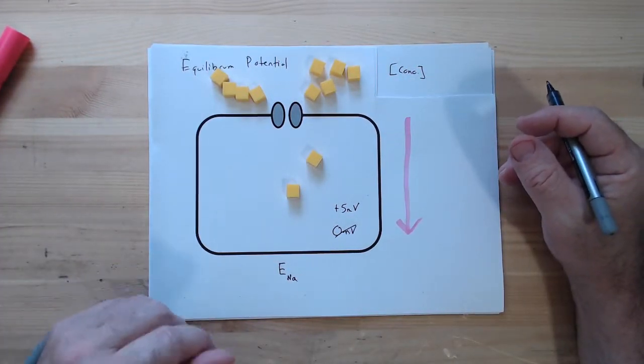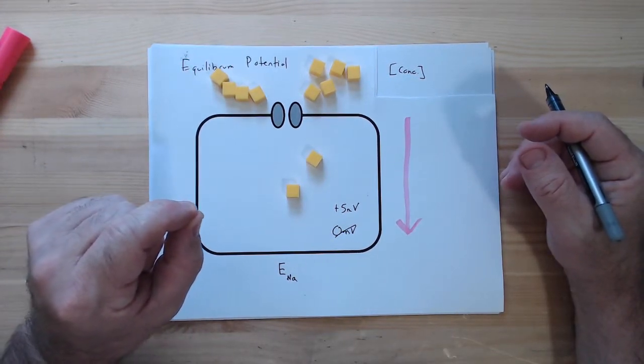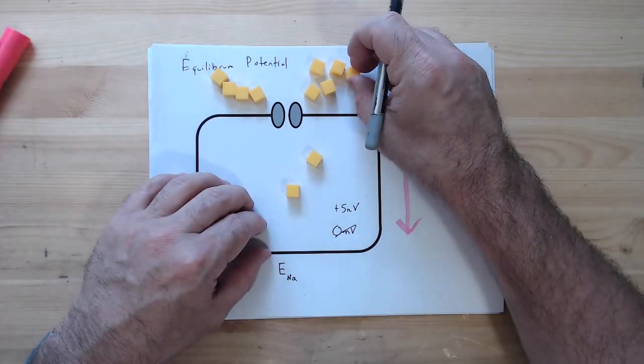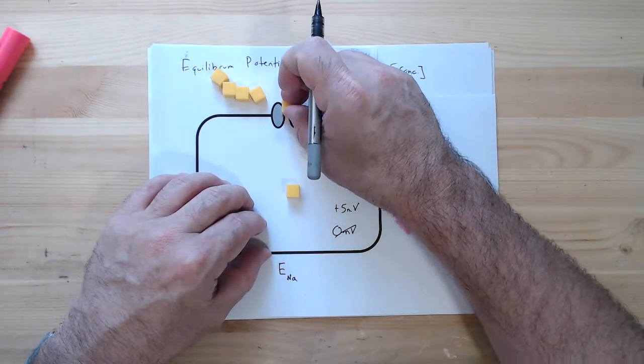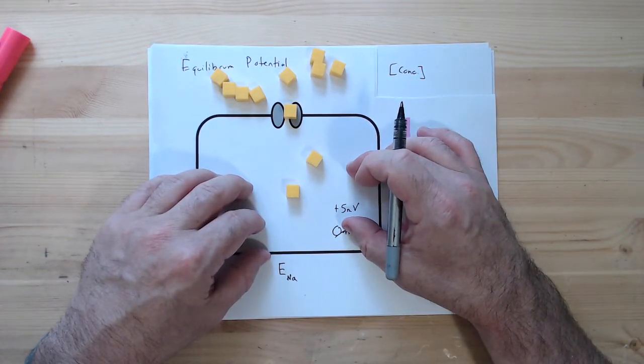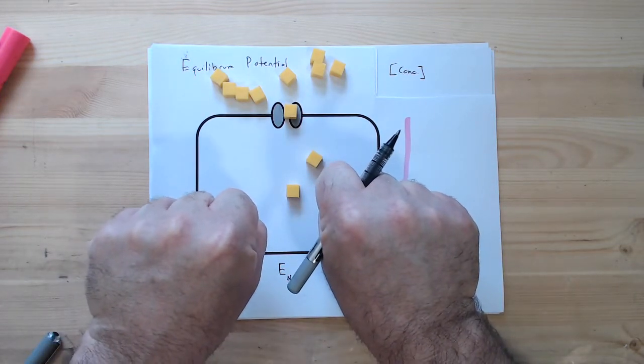Now, as we do that, we're going to have a little bit of a situation occur. And that is, as we move in positive charge, we now have a situation where the next ion that wants to move in has a positive charge, and it wants to move into an area that has a positive charge. Just like you learned in kindergarten, if you have two positive magnets, they tend to repel each other.